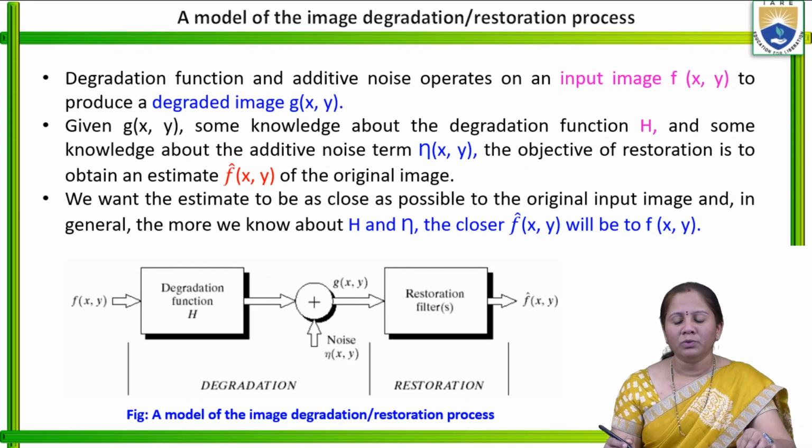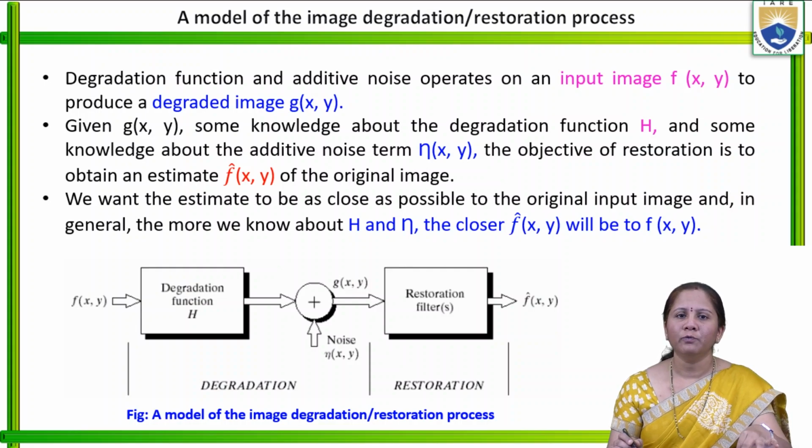Now coming to the detailed discussion, mainly these two filters are used for image restoration. We have already discussed what is meant by image restoration. Let us recall: image restoration means retrieving the information from the image.